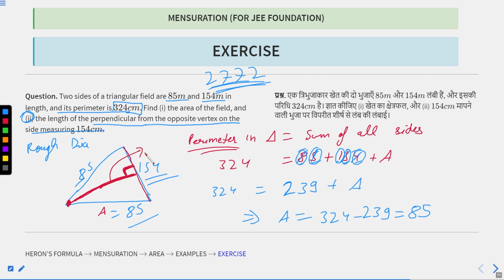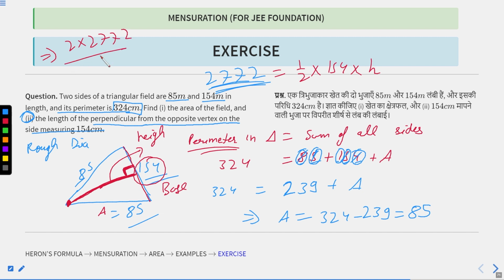That means I have to find the height, as this is my base. So using the formula, half times base times the height, this means 2 times 2772 by 154 is equal to my height.